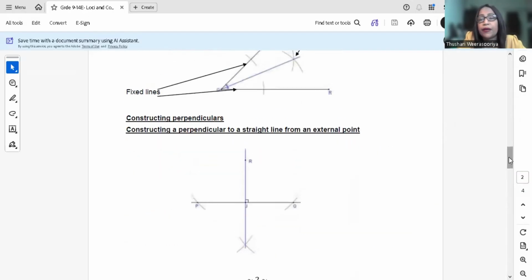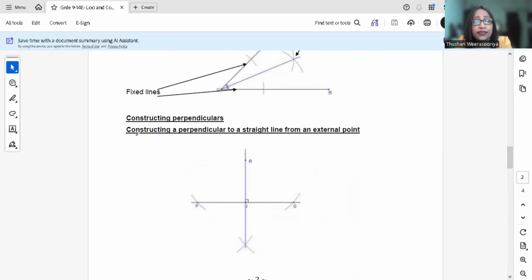Okay, we have three perpendiculars. The first one, perpendicular bisector. We drew it in the previous part. What is perpendicular bisector? We divide the straight line having an angle of 90 degrees. That is perpendicular bisector. Right?